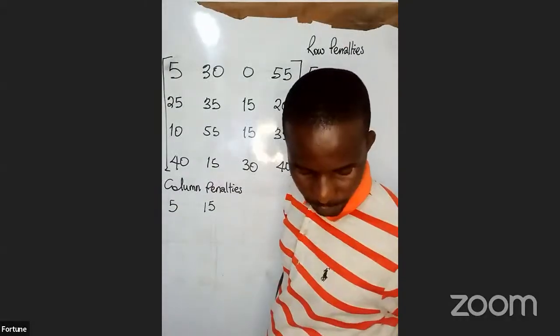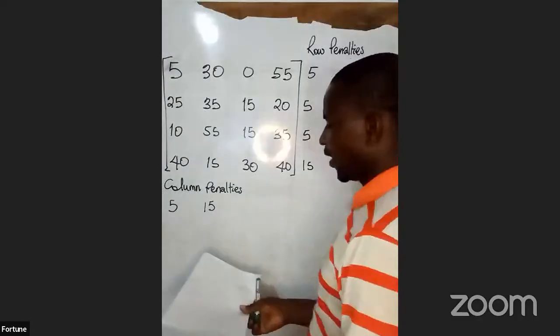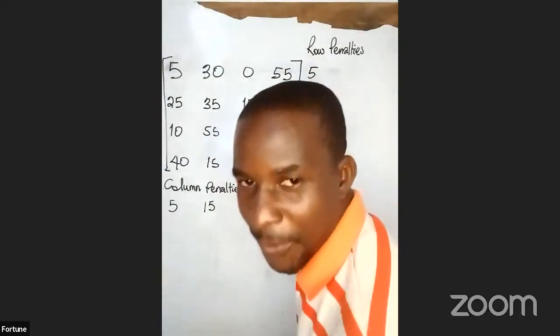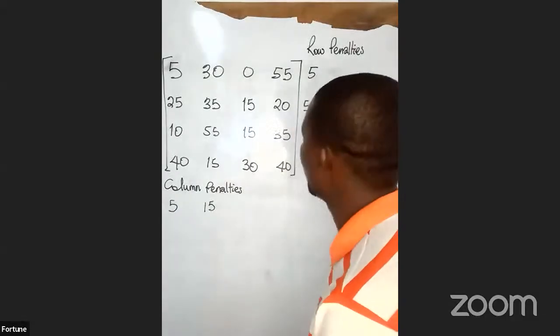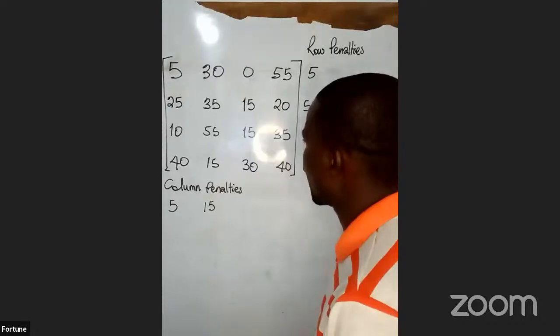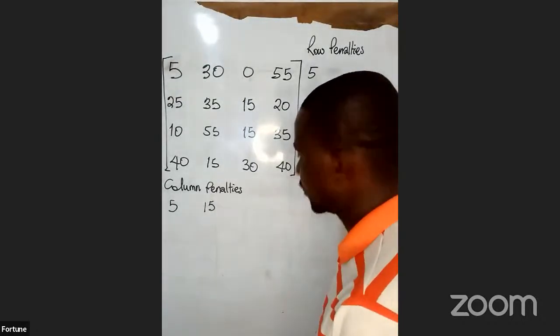The original, what I wrote out when we copied first is 5, 30, 0, 55, 25, 35, 15, 20, 10, 55, 15, 35, 40, 15, 30, 40. Yeah, this is what I have.